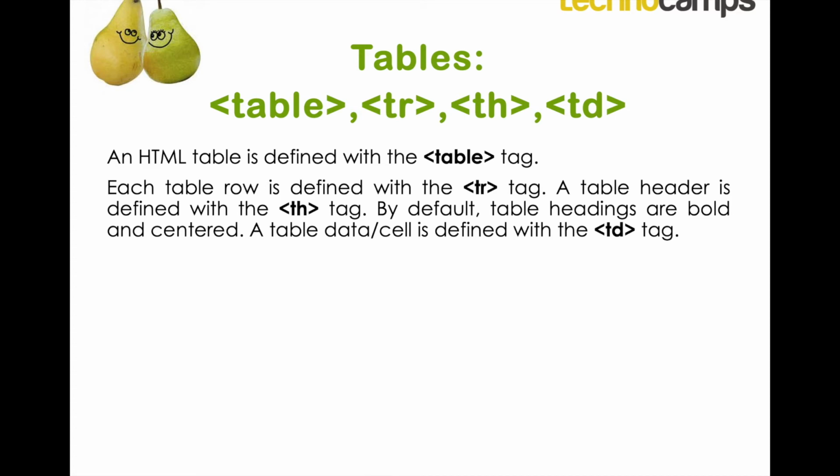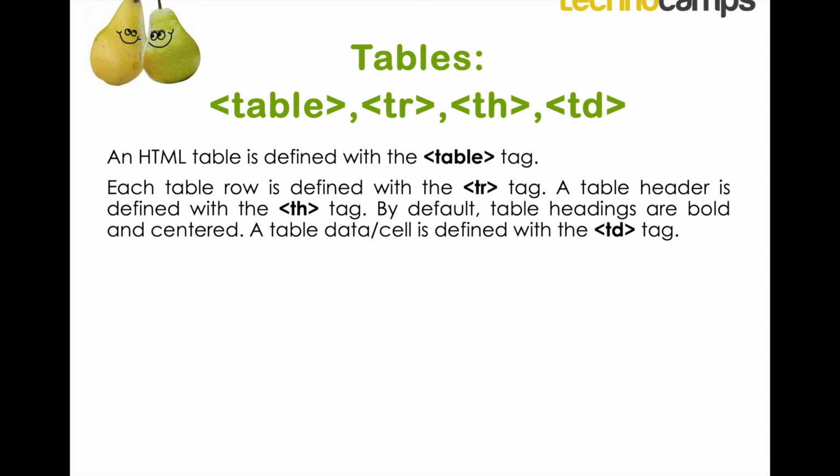So first of all, the table tag is the tag that you use first. Similar to the body and head tags, you use the table tag to tell the HTML file that you are creating a table. Next, you create table rows, so you specify how many rows are going to be in your table using the tr tag.